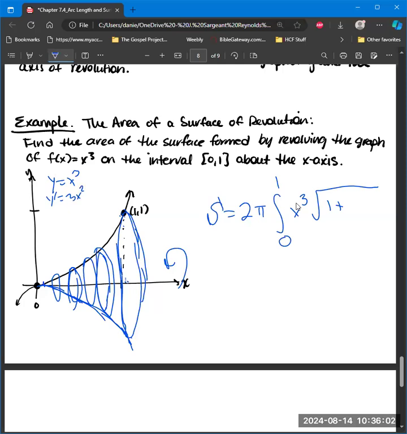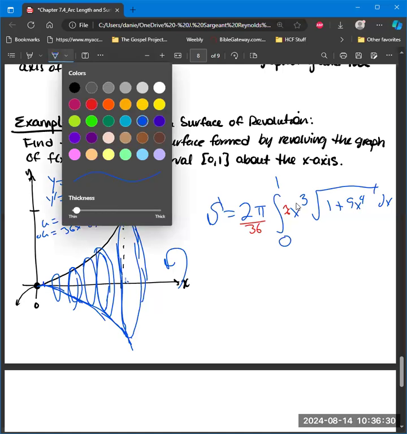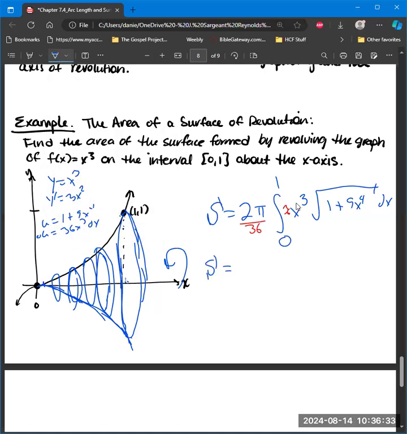We're going to square that, so that's going to be 9x to the 4th, dx. So if our u is the inner function here, 1 plus 9x to the 4th, our du is going to be 36x to the 3rd dx. We make a nice substitution here, 36 over 36 like that to make our u substitution, and S is going to be pi over 18, and then we have an integral of u to the 1/2 du.